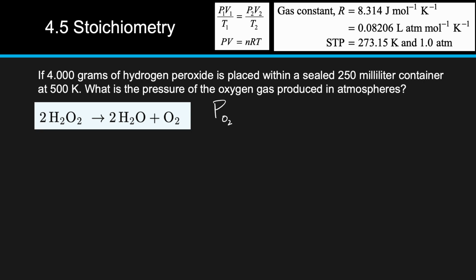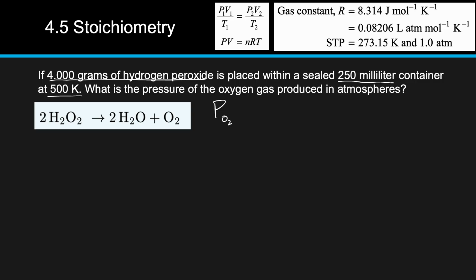Now we are given grams of hydrogen peroxide, and we are also given volume of the container, 250 milliliters, and temperature at 500 Kelvin. So I'm seeing all of these components, and I hope that it's leading you to the fact that we are most likely solving using the ideal gas law.